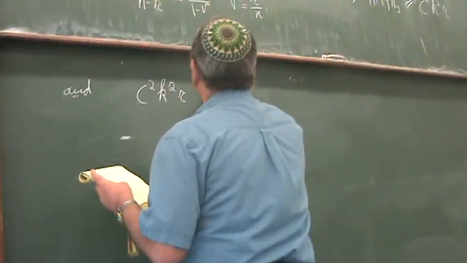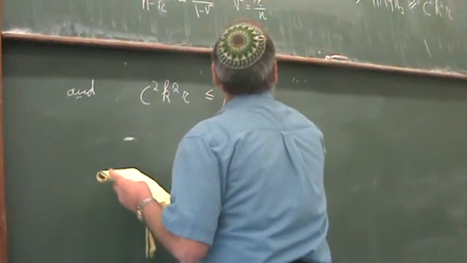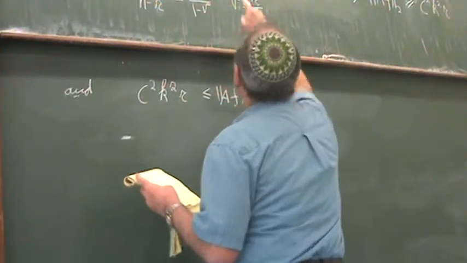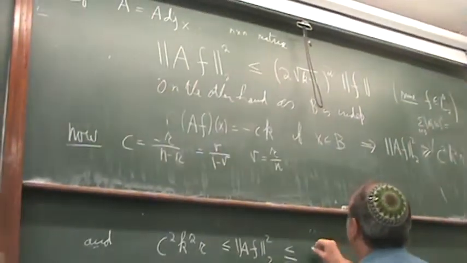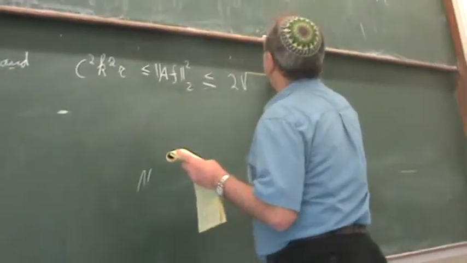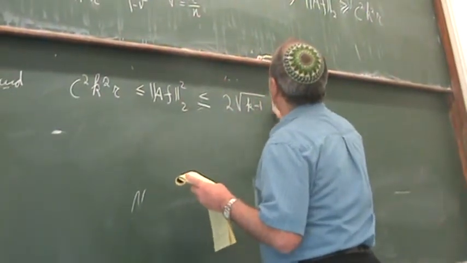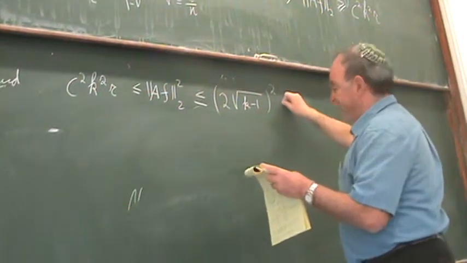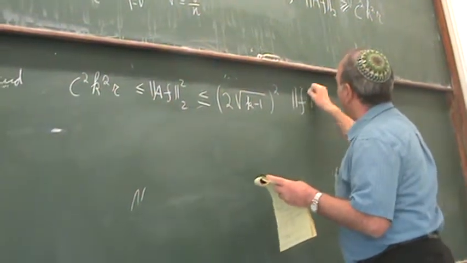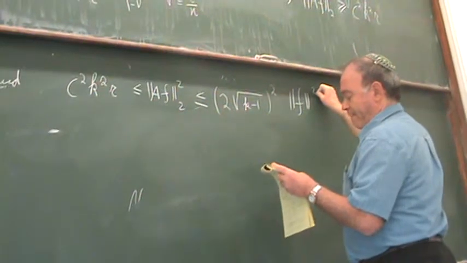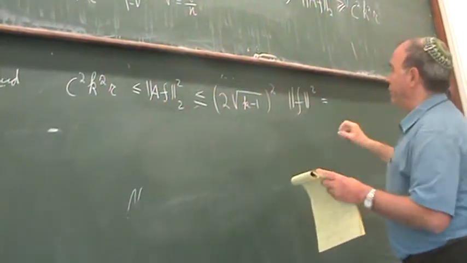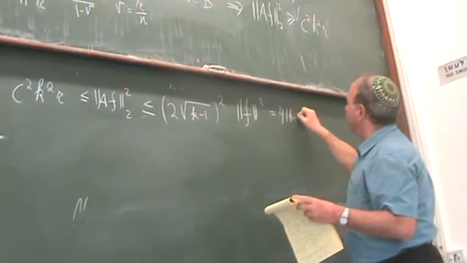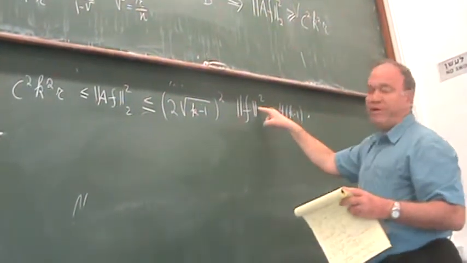It's right. It's less than or equal to the norm of AF squared, and therefore this is less than or equal to (2 square root of k minus 1) squared, the norm of F squared. But the norm of F is very easy to compute. This is equal, first of all, let's open this, 4(k minus 1). Now, what is the norm of F squared?